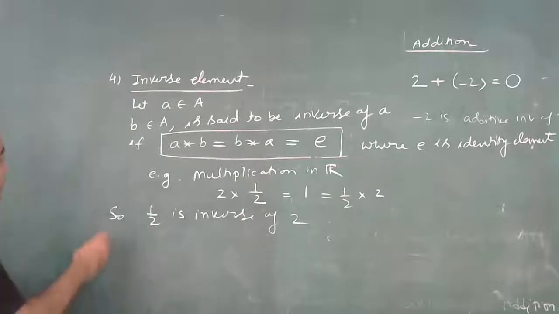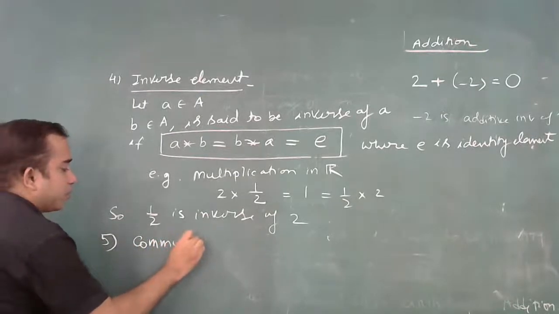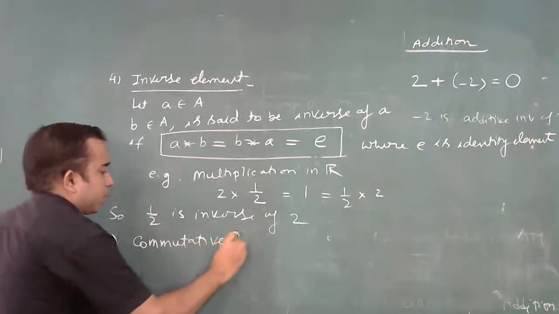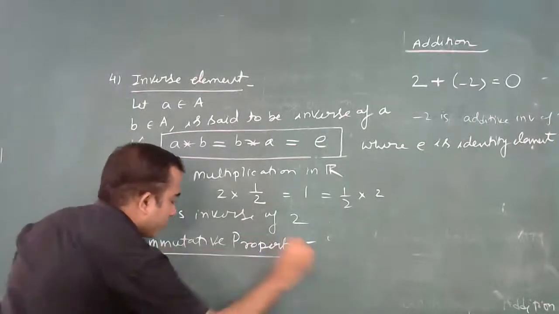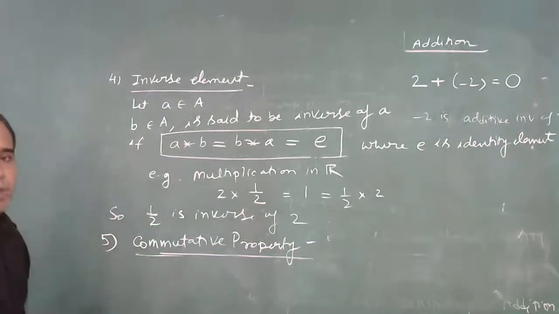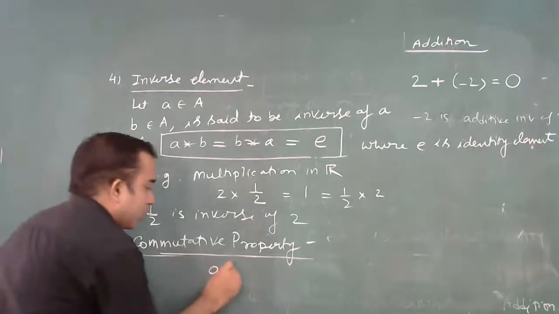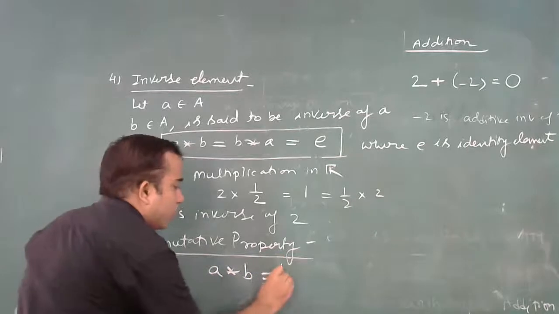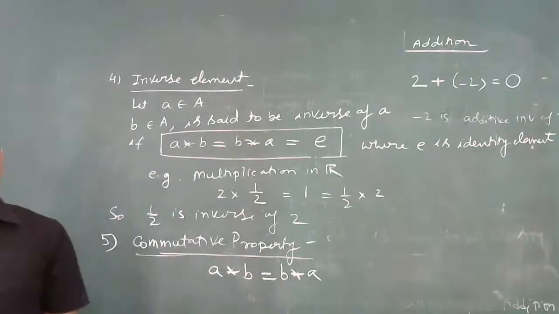Now one more property, and that property is said to be commutative law or commutative property. This also you must have heard in previous classes. Commutative property means that you do either A star B or you do B star A, the resultant should be same, both should be equal.